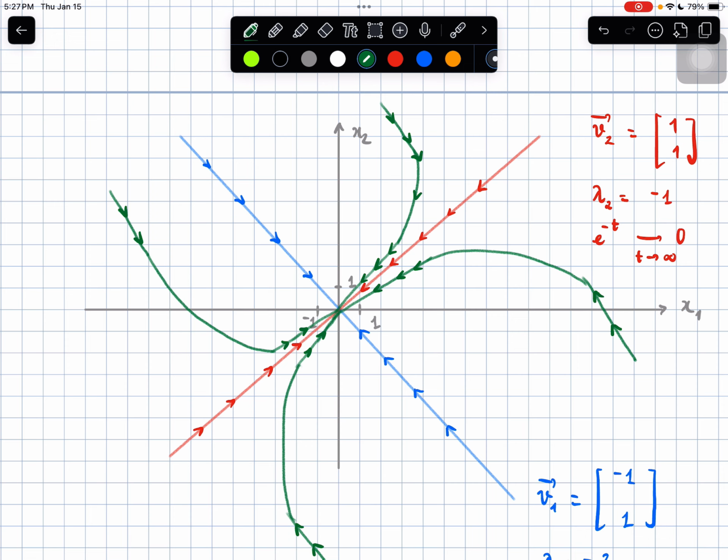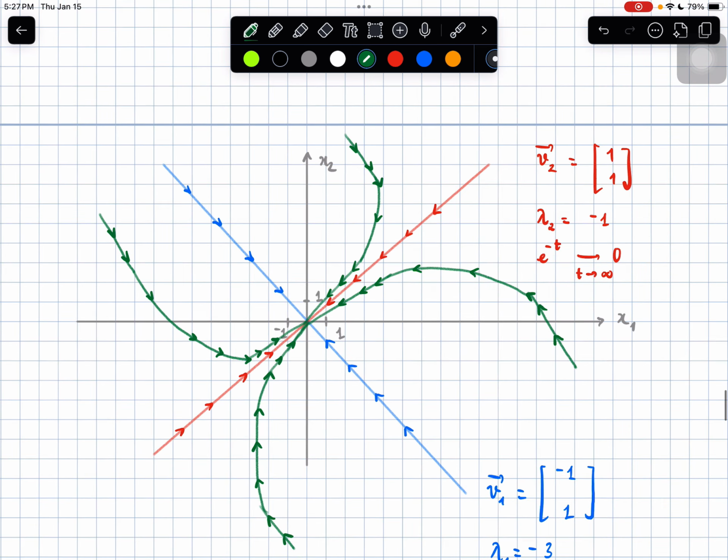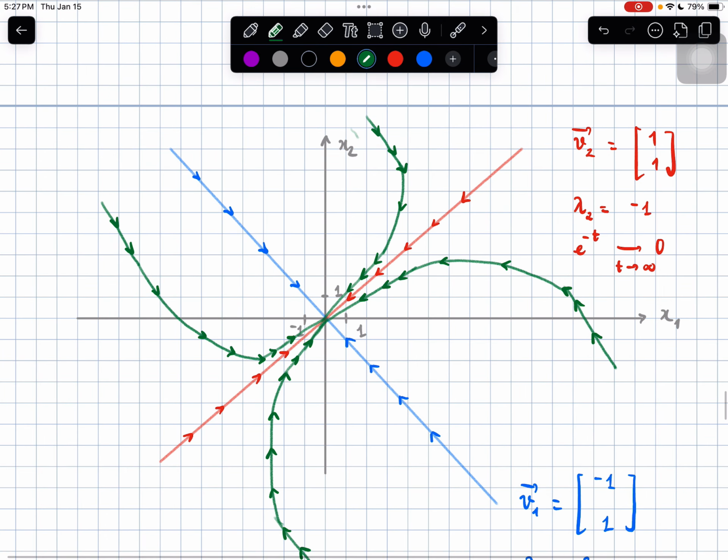That gives us a trajectory. And the other trajectories do the same thing, so we draw a few more.